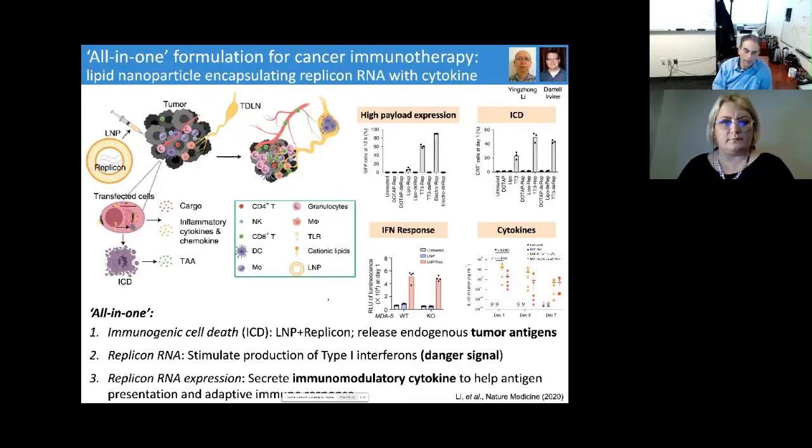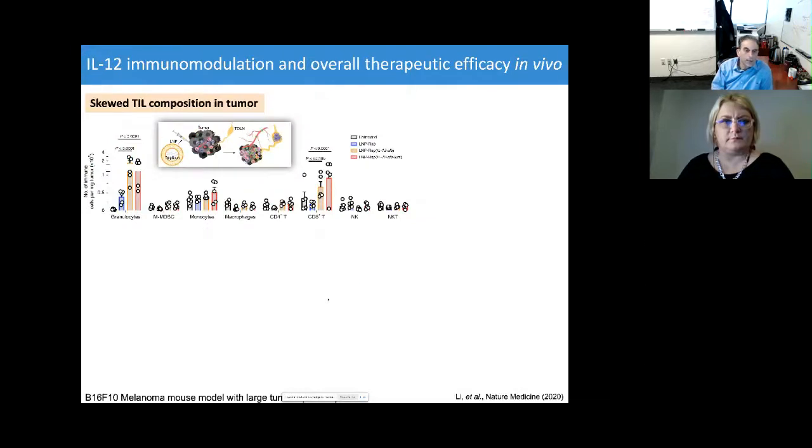tumor microenvironment. And indeed, we can see that we're able to modify the composition of the immune cells in the tumor. So take a tumor that does not have a whole lot of active immune cells and result in high levels of these, for example, CD8 T cells or higher levels of CD4 T cells.